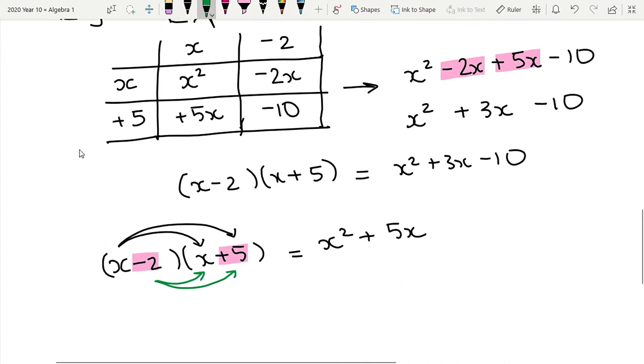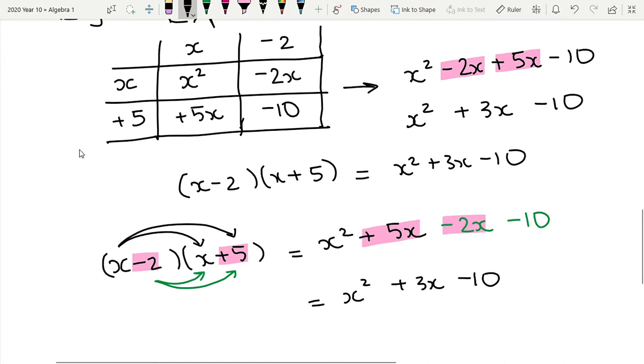I have minus 2 times x is minus 2x, and minus 2 times plus 5 is minus 10. And now it's the simplifying business. I put plus 5x and minus 2x together. x squared and minus 10 stay because there's nothing in common between them. So plus 5x minus 2x is plus 3x, and minus 10 stays.